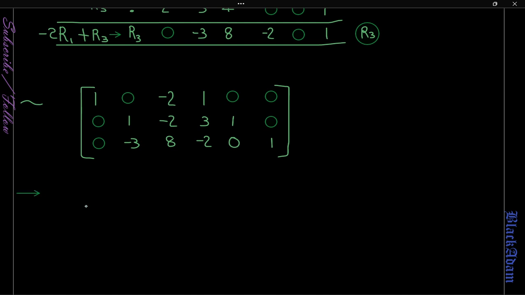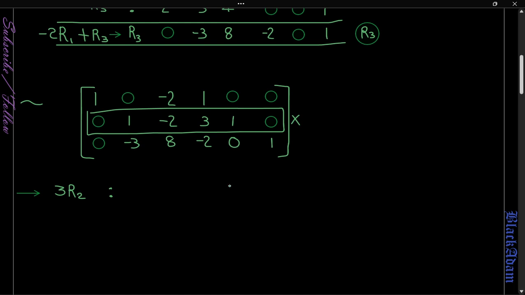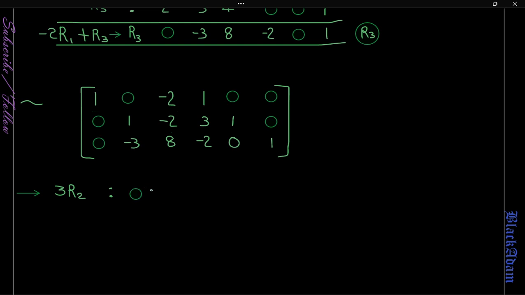We're going to multiply row 2 by 3. So 3 times row 2 will give us 0 3 -6 9 3 and 0.